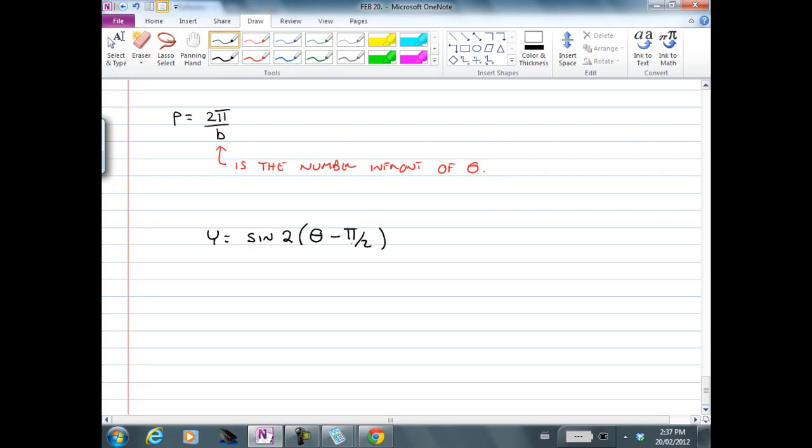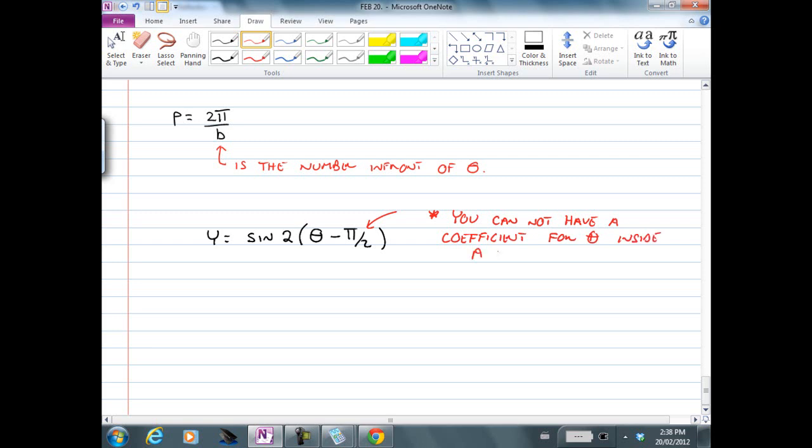I want you to write big star beside this one, because a lot of people make mistakes on their exam. Star. You cannot have a coefficient for theta in a bracket, inside a bracket.